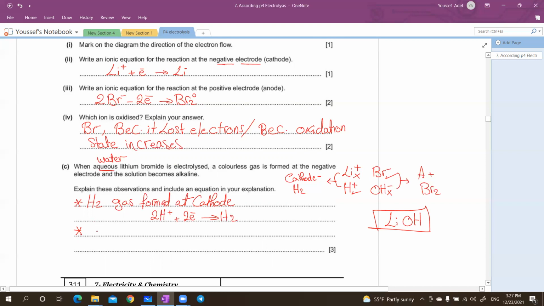Next, the bromine gas is formed at the anode, which is a brown gas. The ionic half equation: 2Br minus loses 2 electrons to form bromine gas Br2, and the alkaline solution is lithium hydroxide.